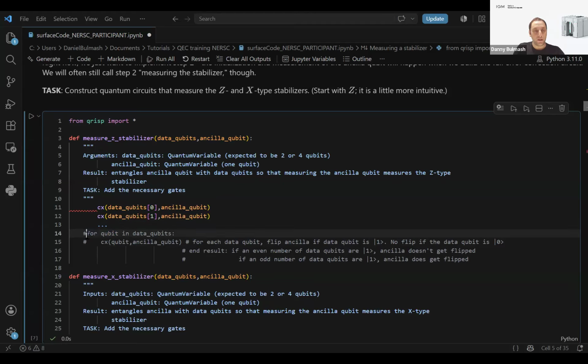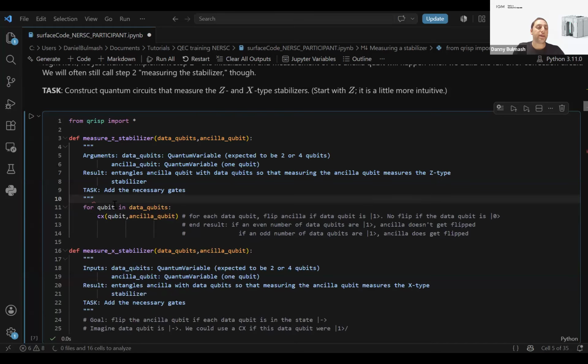But if we implement it with the for loop like this, then it doesn't matter how many qubits are in this data qubit list. For each of them, we're going to get a CX gate. So if you plug in 2 data qubits, you'll get a stabilizer that acts on 2 data qubits. If you plug in 4 data qubits here, you'll get a stabilizer that acts on 4 data qubits. So that works just fine.